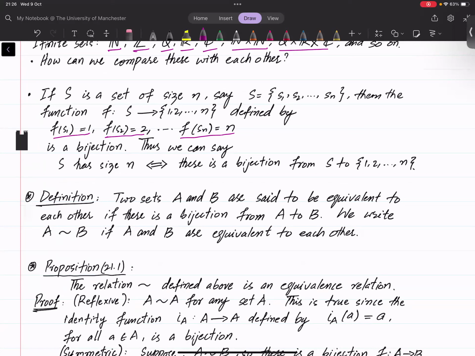Thus, we can say that this set S has size n if and only if there is a bijection from the set S to the set 1 to n.